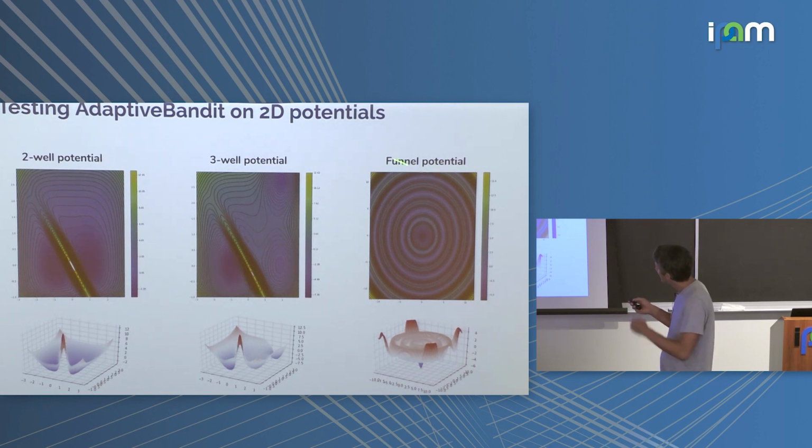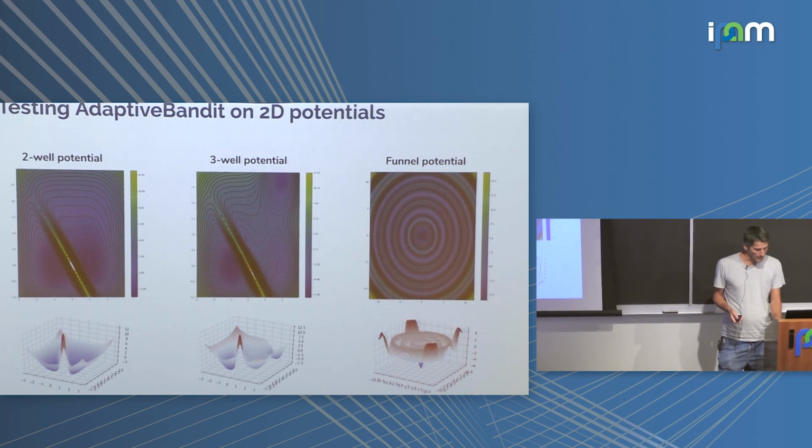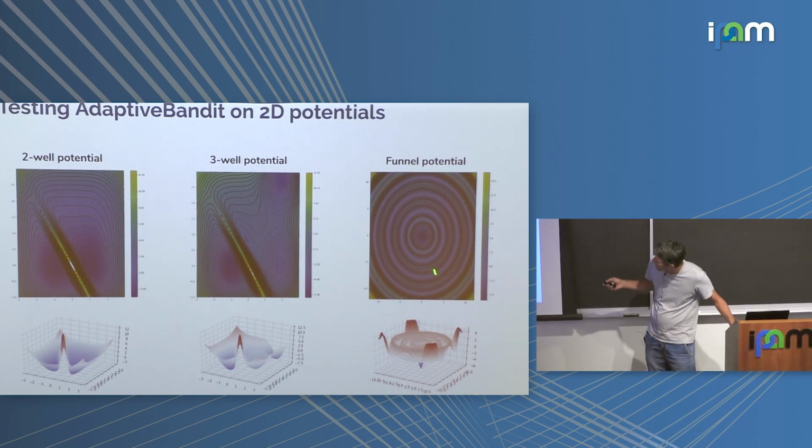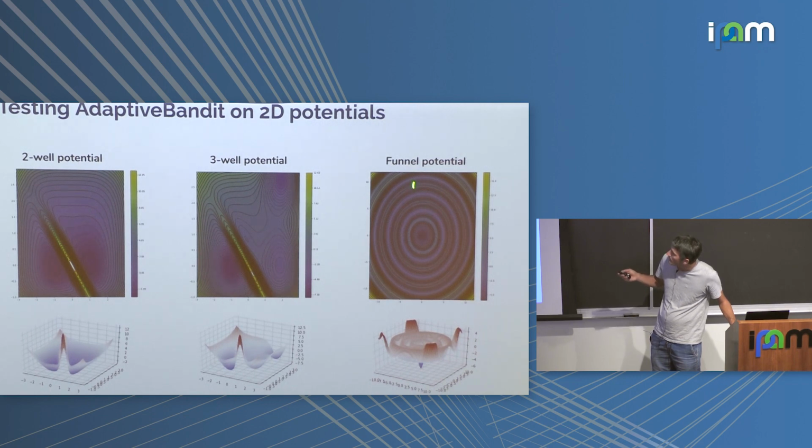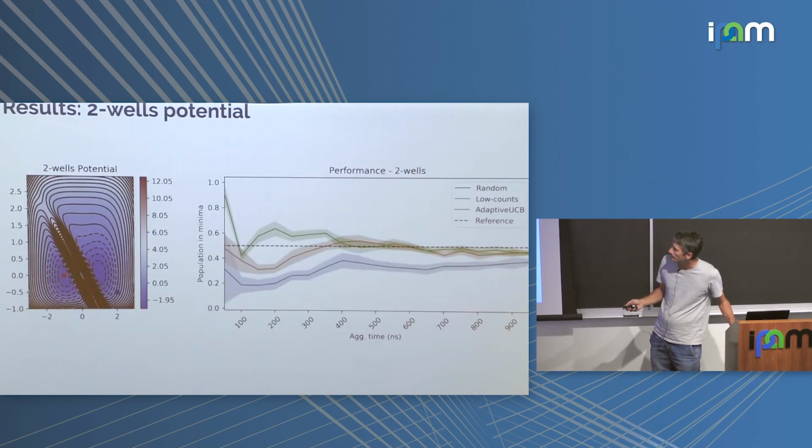And then I've also created this funnel potential over here, which the idea was actually not to mimic protein folding. I'll tell you later why we decided to use this case.